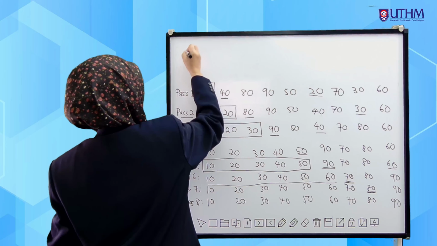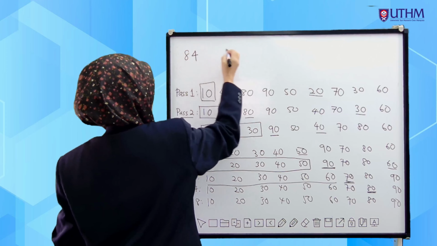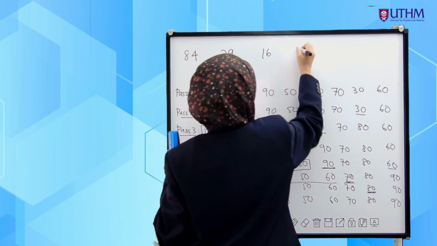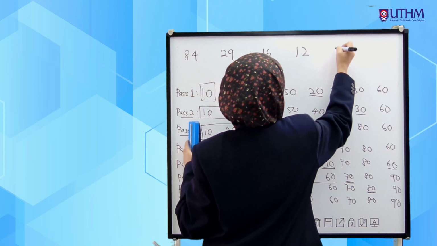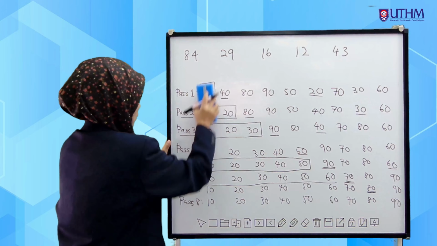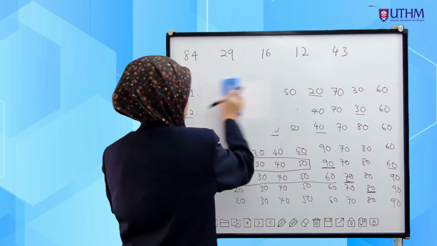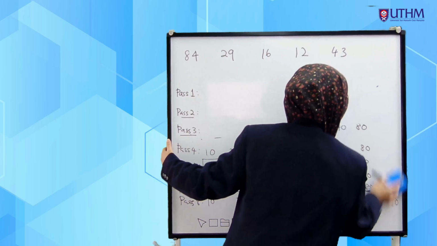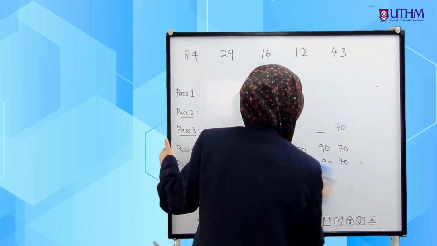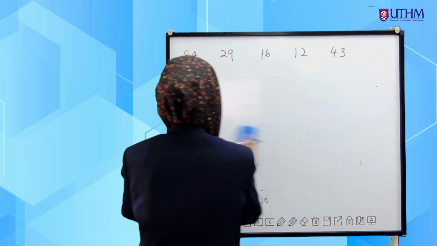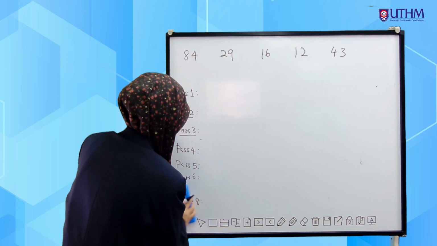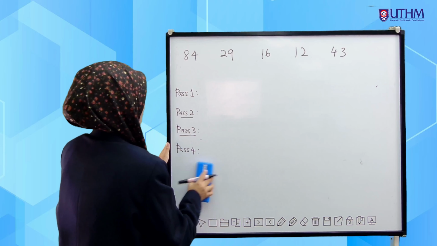Let's say we have 84, 29, 16, 12, and 43. How many passes will we go through this array in this case? Remember that I have already highlighted that the number of passes is equivalent to the size of the array minus 1.